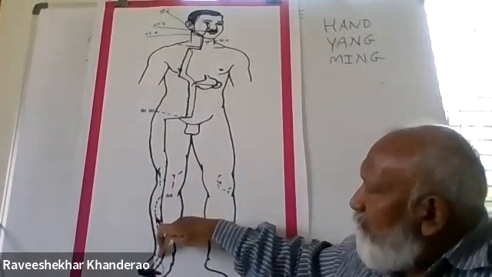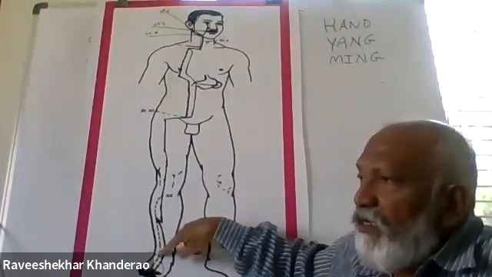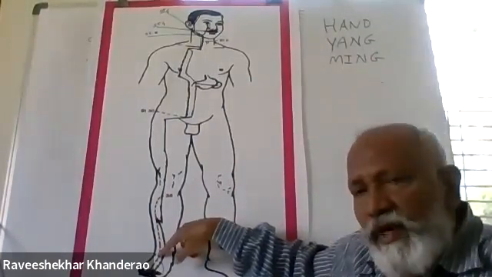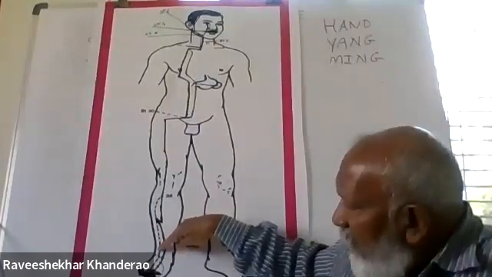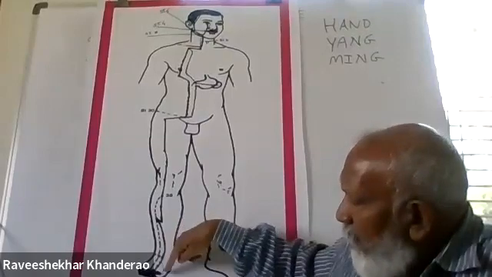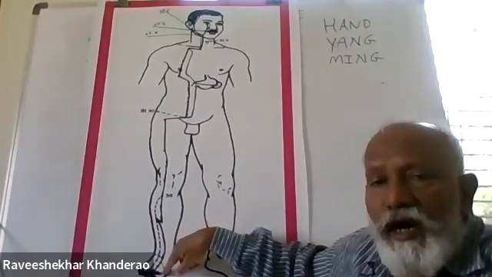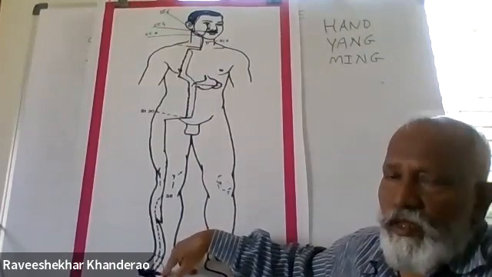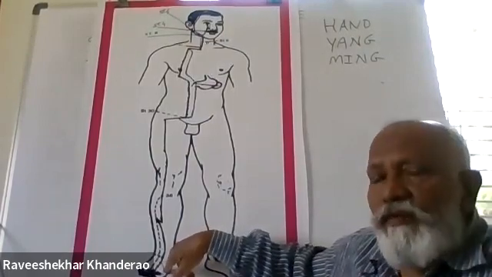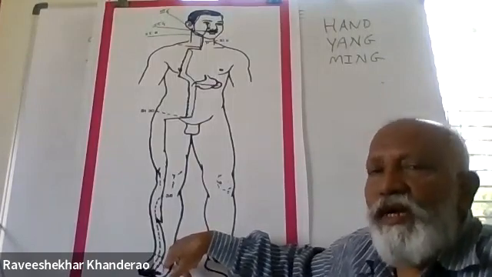One another branch from the ankle, I will not say stomach 41, but it is the stomach 41 point. From the ankle, it meets the medial corner of the big toe, where it meets the spleen meridian.